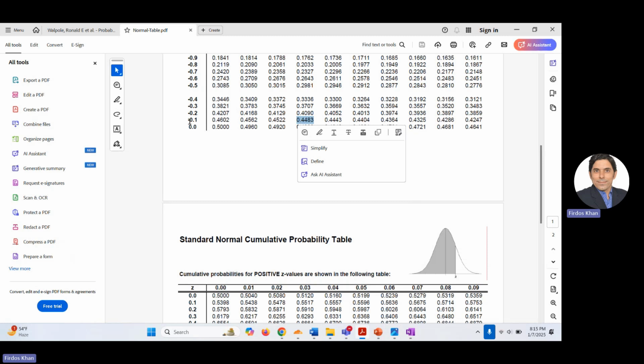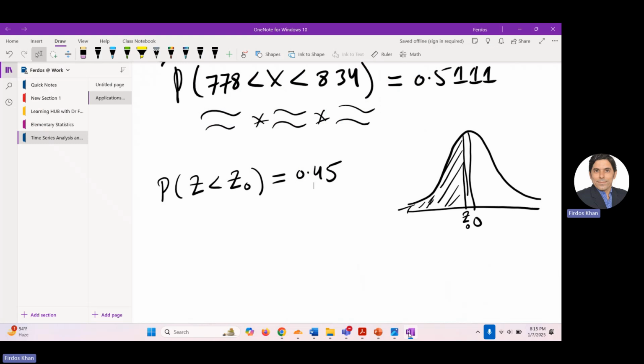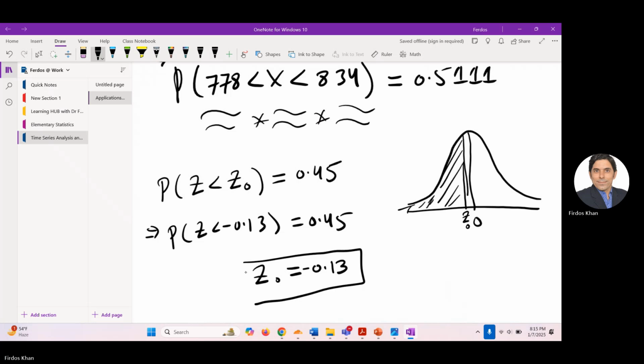It is minus 0.13. Going to the table, you find that the probability of z less than minus 0.13 is 0.45. So this is the value of z naught which you require, minus 0.13, and you can write it here.